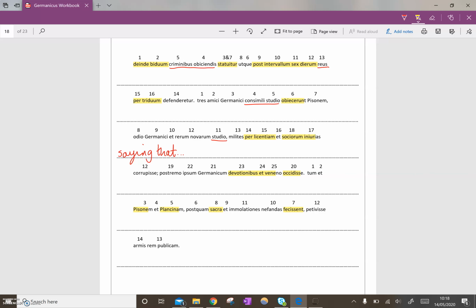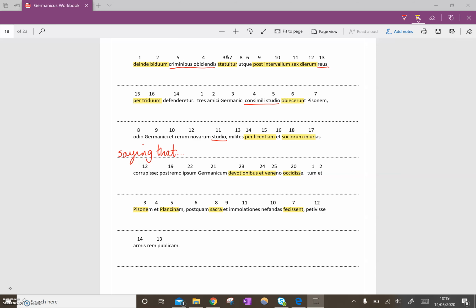It's like sinful. And then the immolationes is sacrifices, comma. And then another infinitive, perfect infinitive, because it's still part of this indirect statement. So after they had performed sacred rites and unspeakable sacrifices, they petivisse had attacked rem publicam, the state or the republic, armis, with arms.